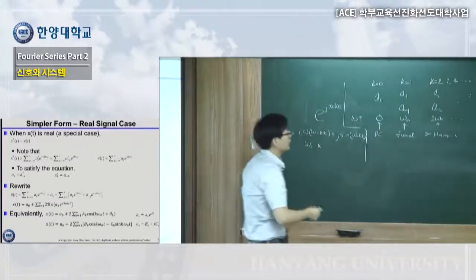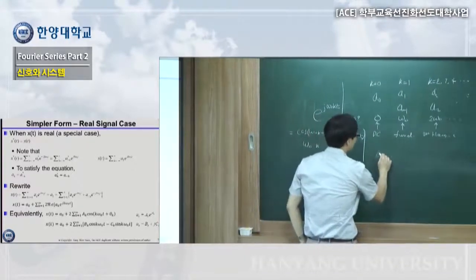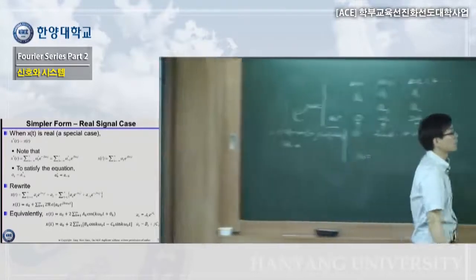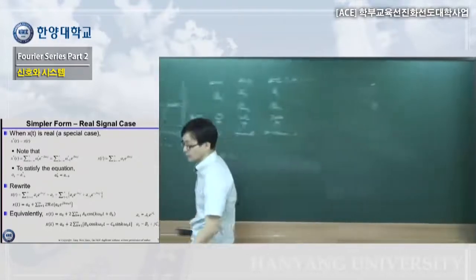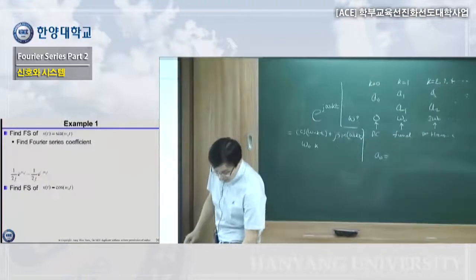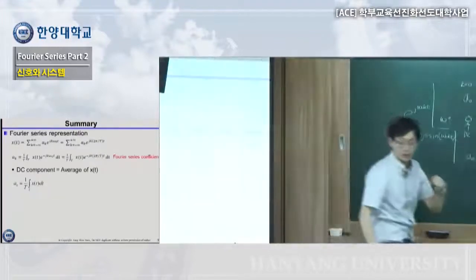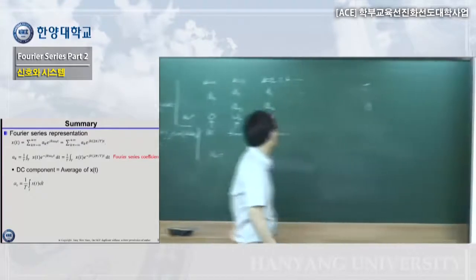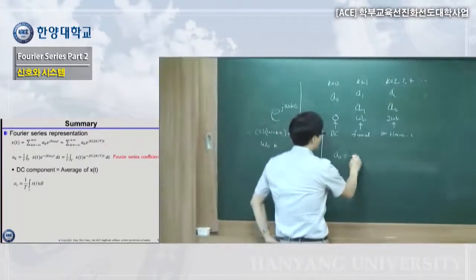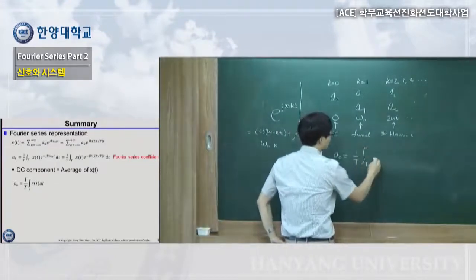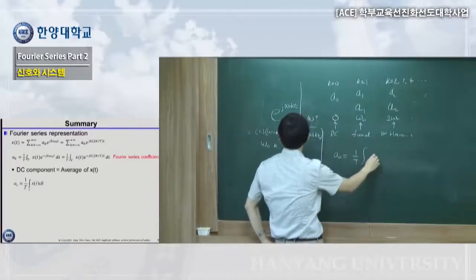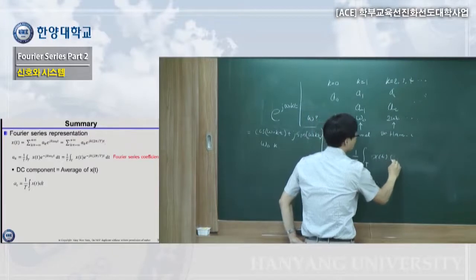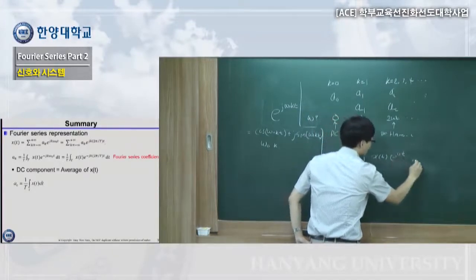And one thing to note here: what will be A0? If you find A0 from here, then there will be one period of x(t) times exponential 0t, right?